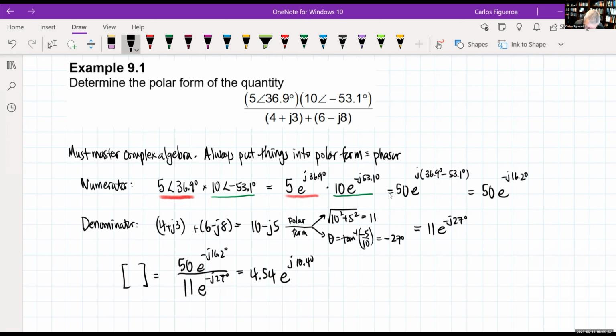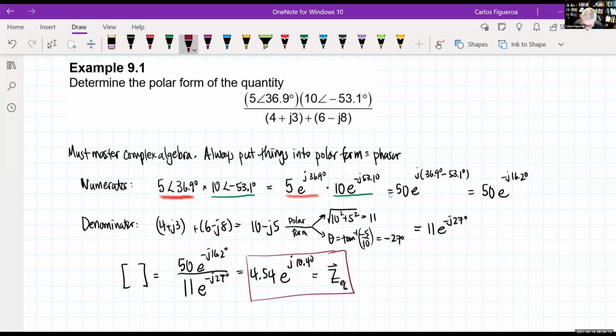So let's say, for the sake of argument, this was the equivalent impedance of a circuit. What does this mean here?